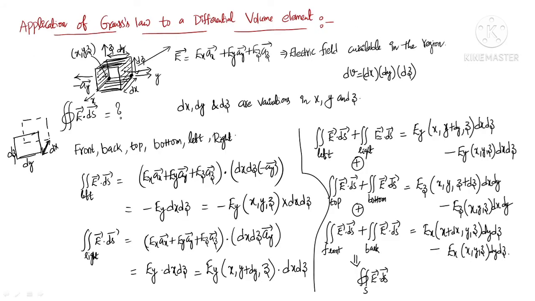How did we get this? We got this after finding the surface integral of the field, where the surface considered here is the small cubical surface. For this entire surface, we evaluate E dot dS for all the surfaces and divide this with the volume inside this surface, which means this surface must enclose the volume.